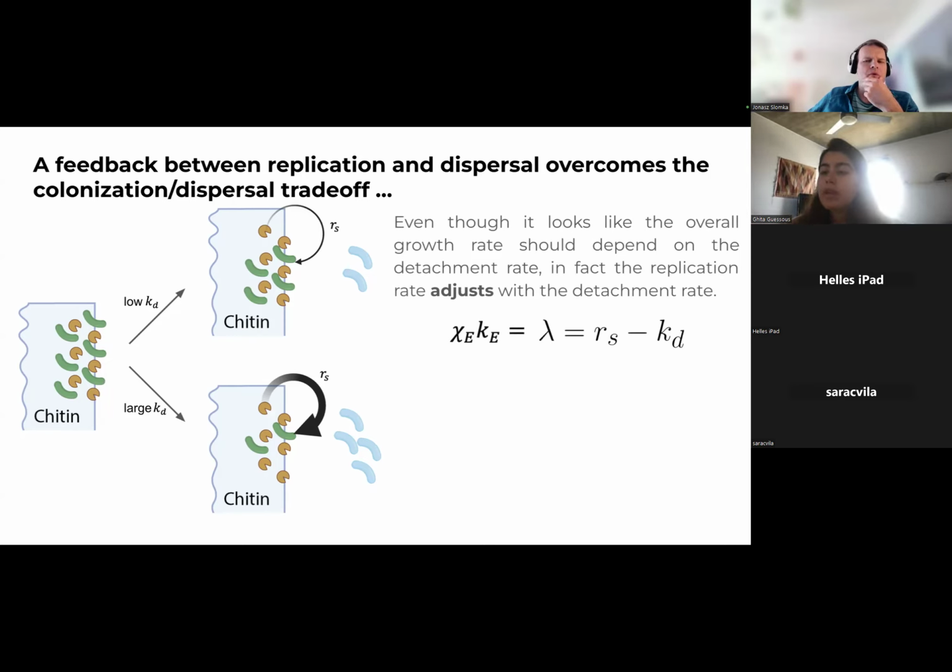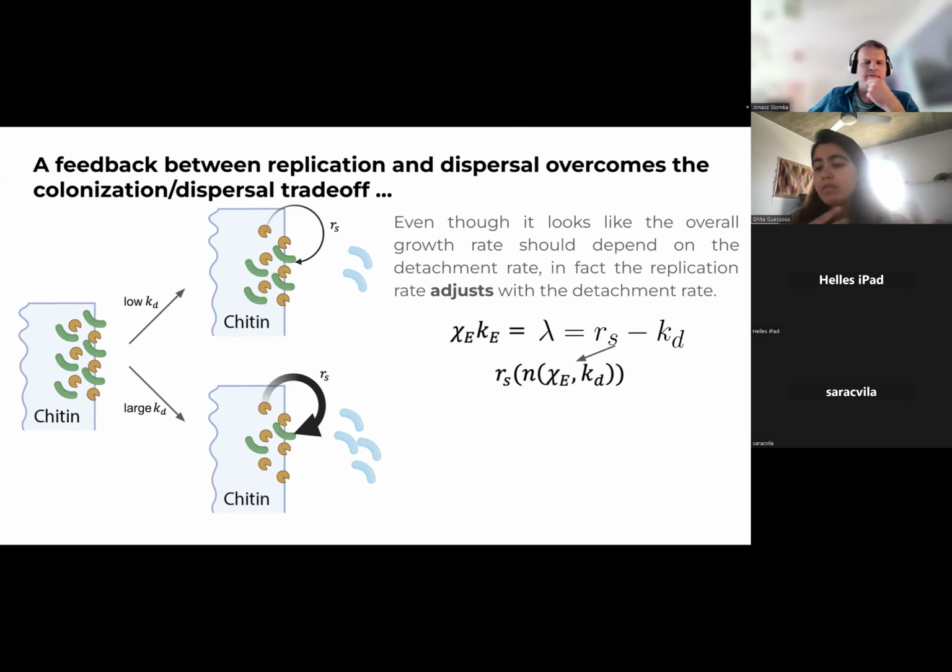So if we look back at our other equation, we are able to solve this colonization dispersal dilemma by saying that RS adjusts to the nutrient concentration through adjusting to KD. And so these terms balance out such that a higher detachment rate also results in a higher replication rate, maintaining the overall population growth rate, and that the population growth rate is only set by enzyme dynamics, right?